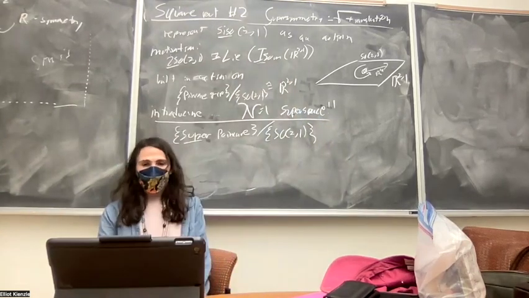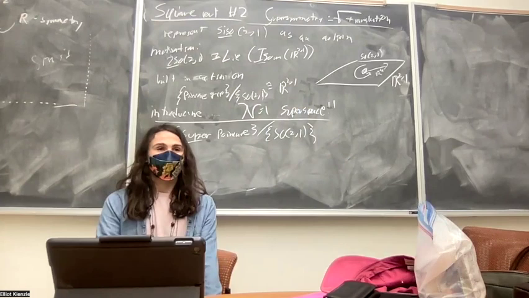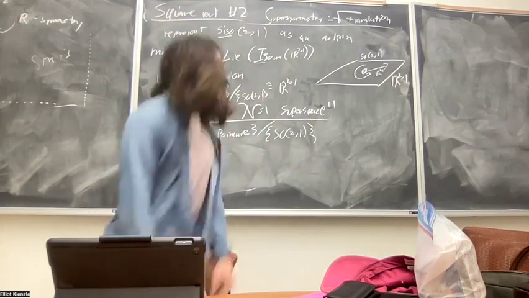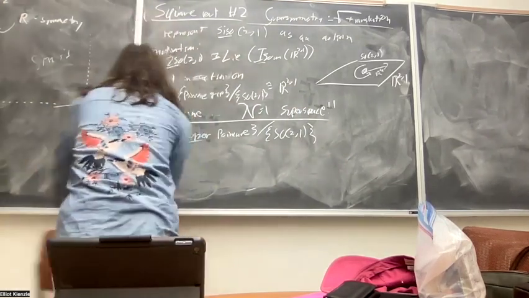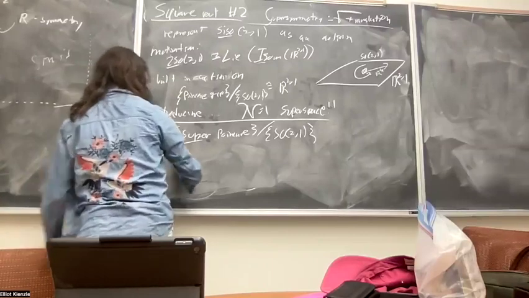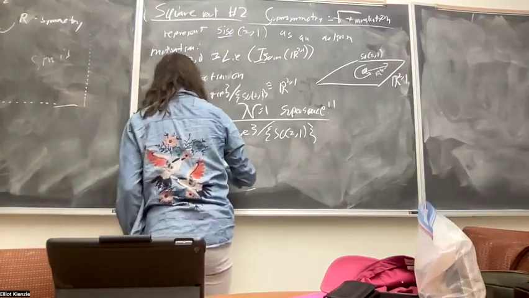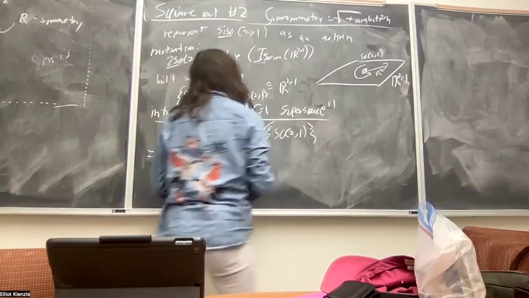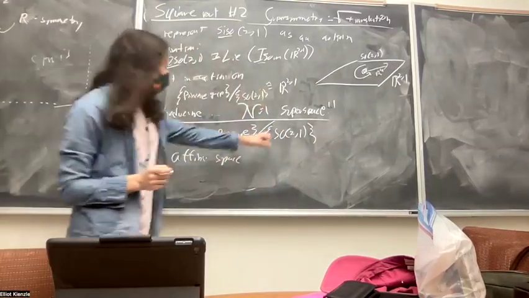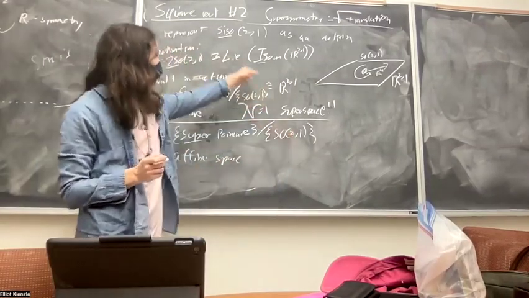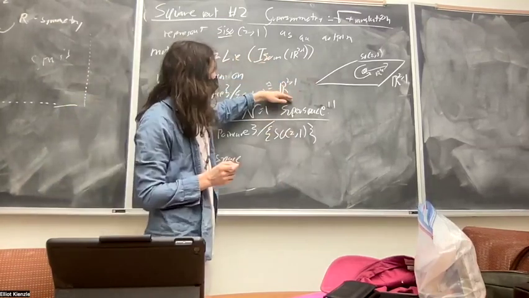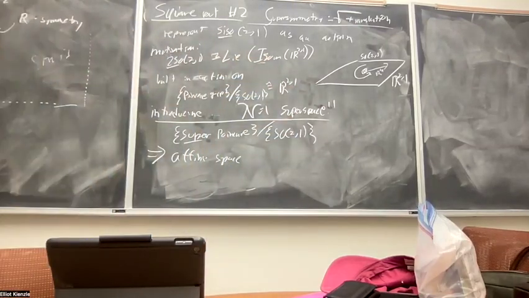And then the question is, what do we get? Here's what we get. We get an affine space just like above, but remember, we're basically killing off all the rotations, but we still have the translations and we still have this S over here.